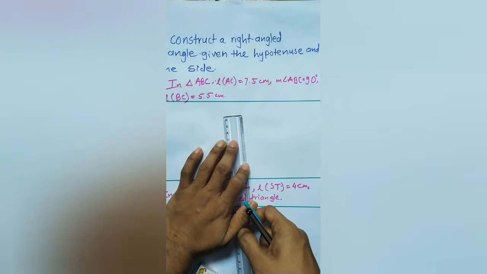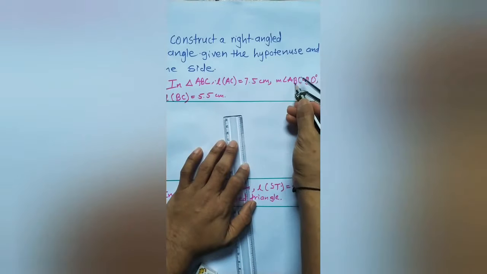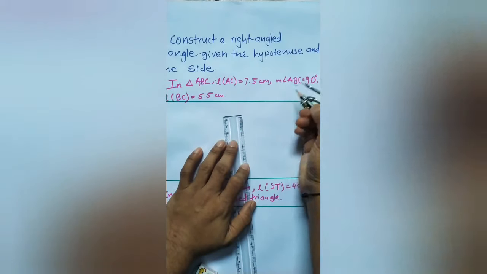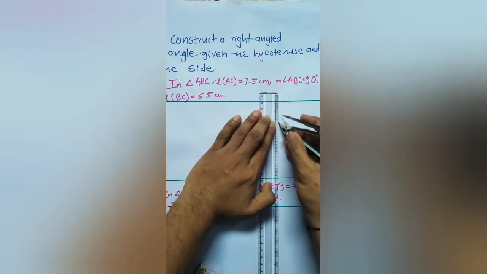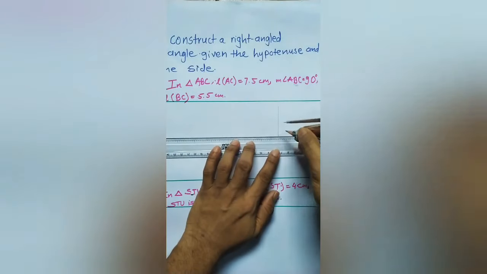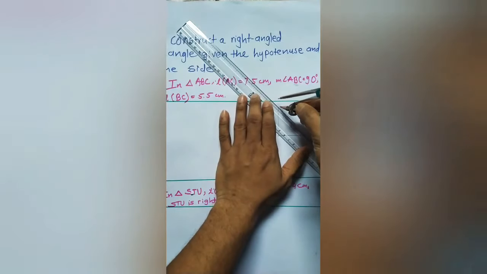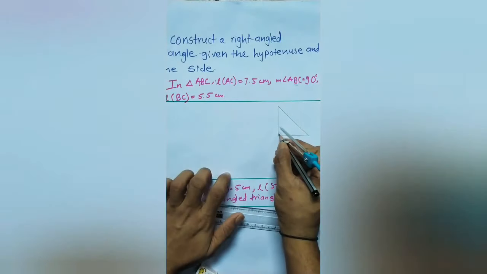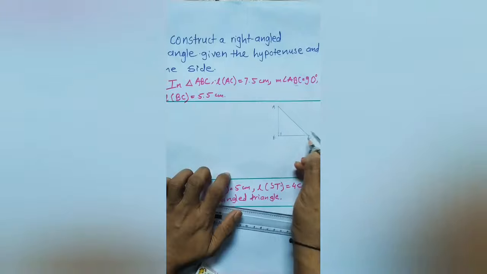Now what we have to do, just see which angle is given. The measure of angle ABC, that means angle B is given. So this is a right angle, so just draw one right angle here.